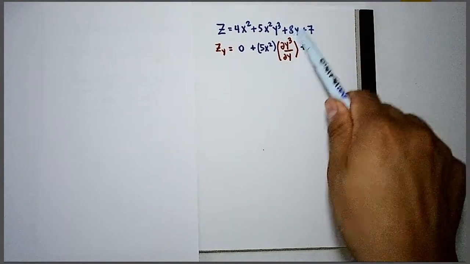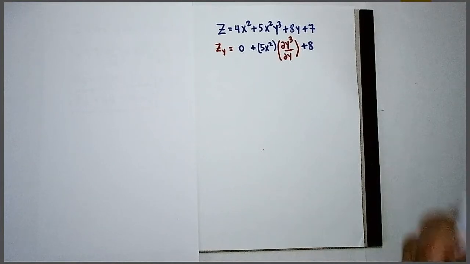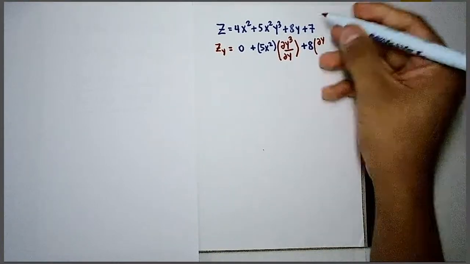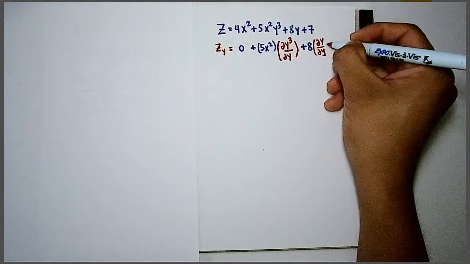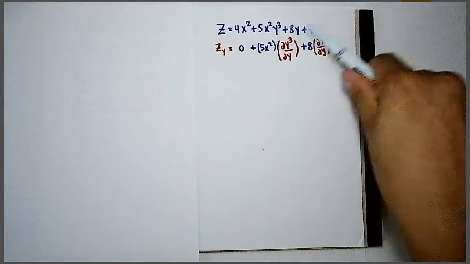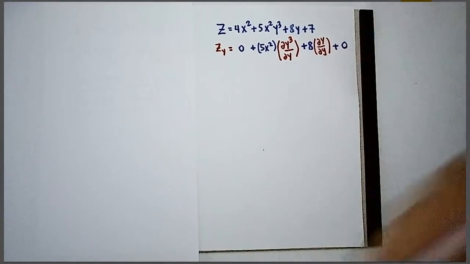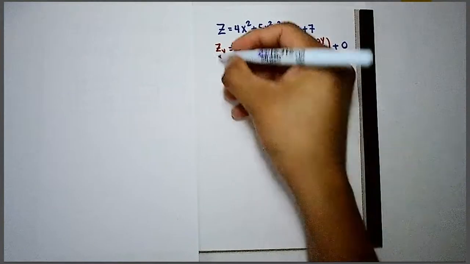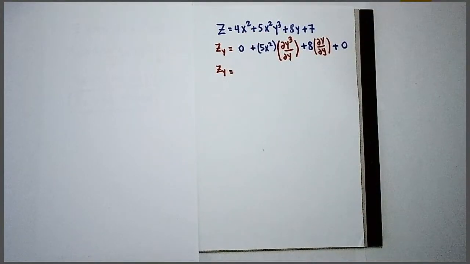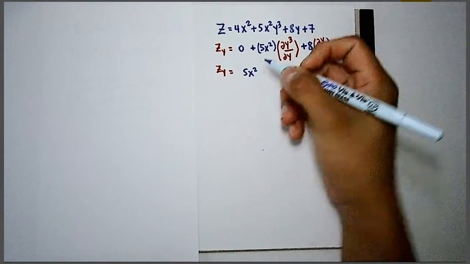Plus, in this case, 8 is a constant part times the derivative of y with respect to y. And finally, plus 7 is simply a number, so the derivative is 0. This means that zy is equal to 5x squared.